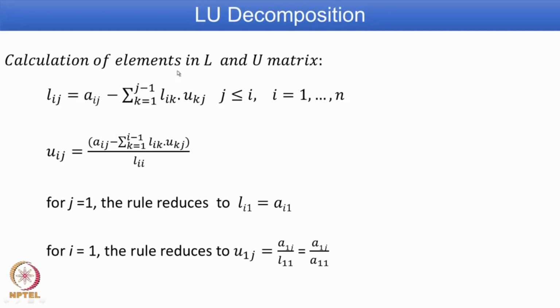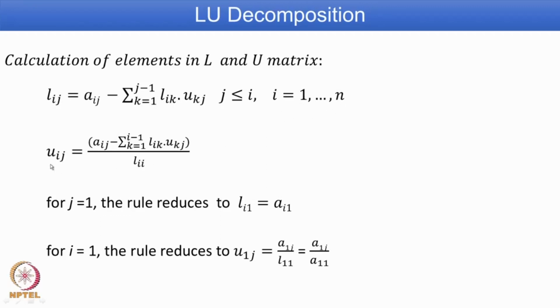So, calculation of elements in the L and U matrices. Lij equal to Aij, that is the value in the original coefficient matrix, minus summation k equal to 1 to j minus 1 of Lik into Ukj, where j is less than or equal to i and i goes from 1 to n.